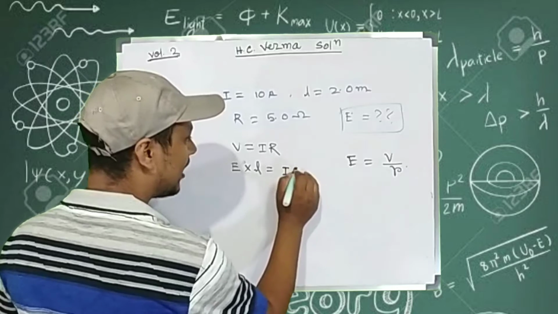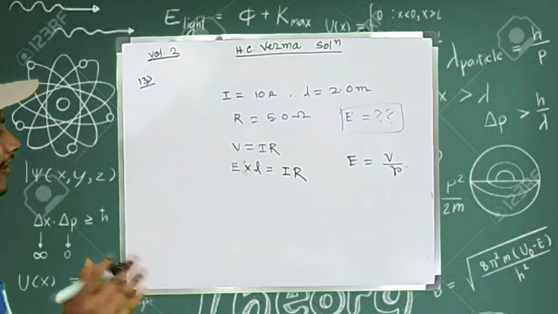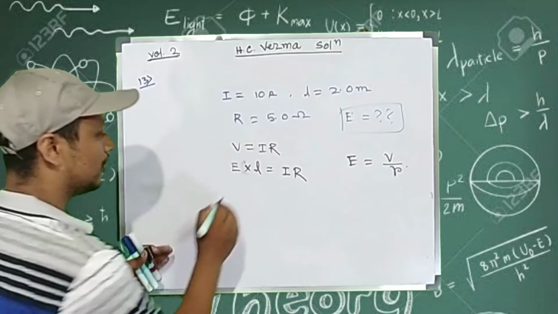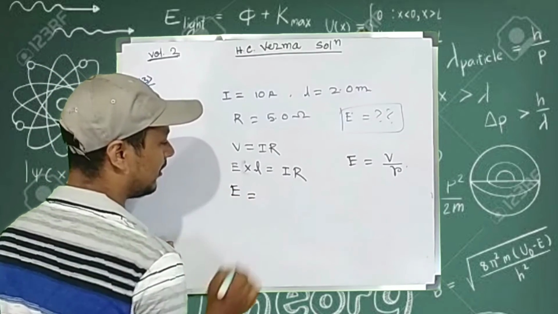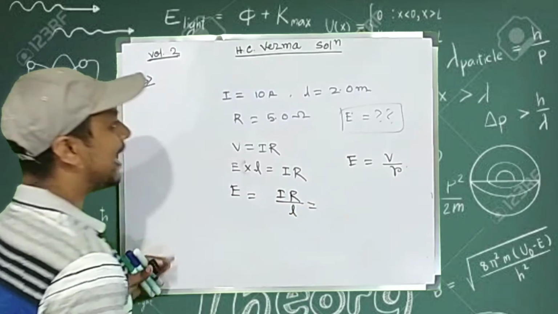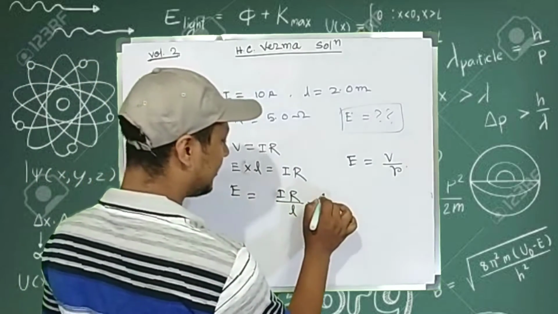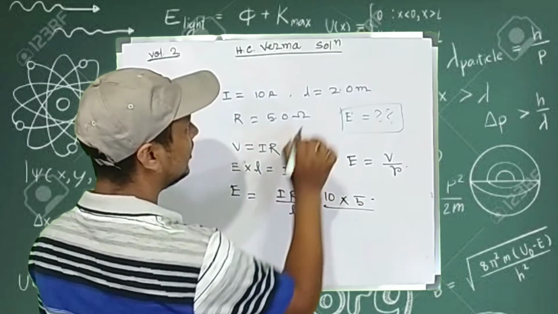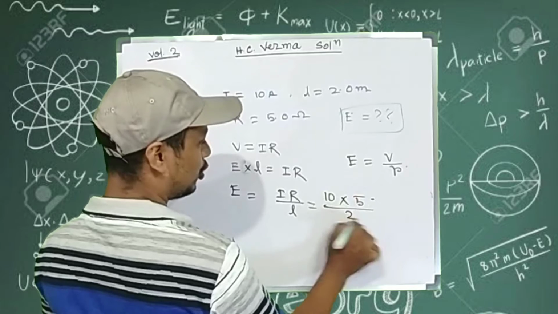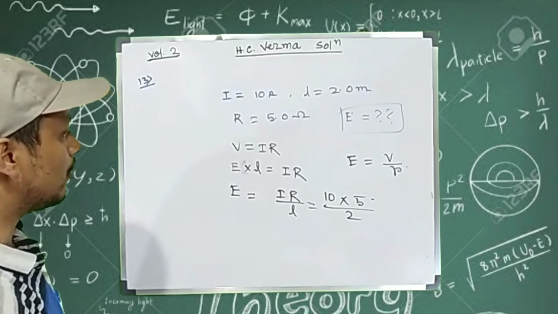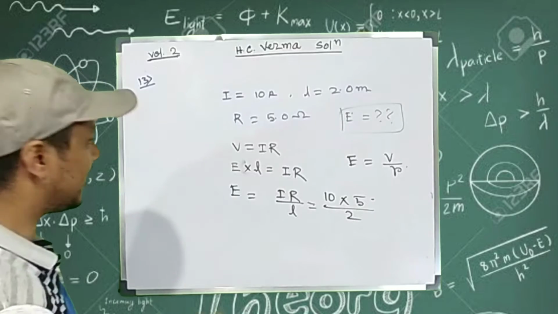On the right side it remains I into R. So now you can find the electric field E equals I into R by L, and put the values: I is 10, R is 5, and L is 2.